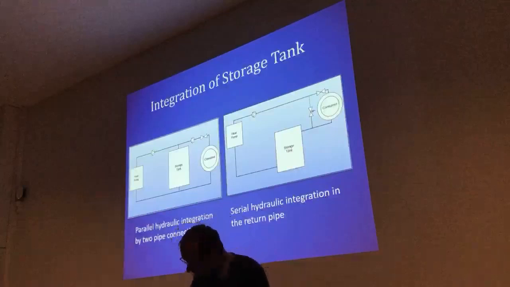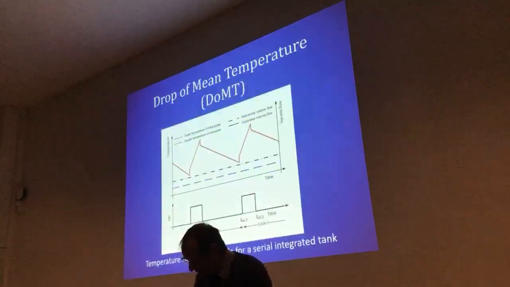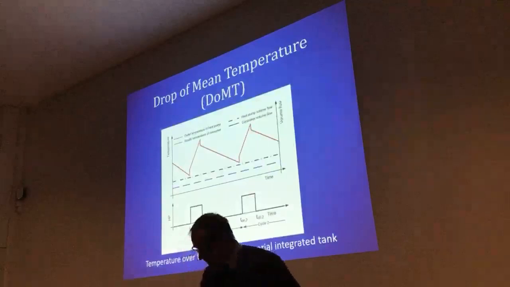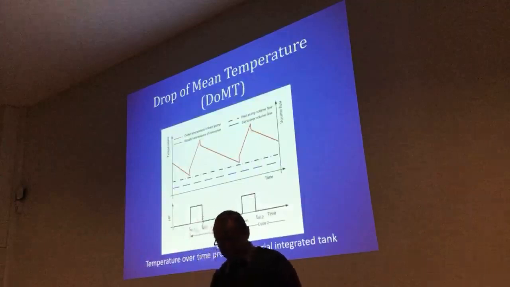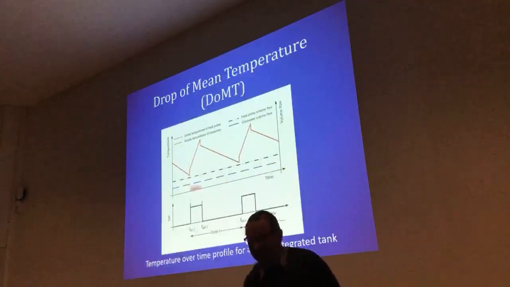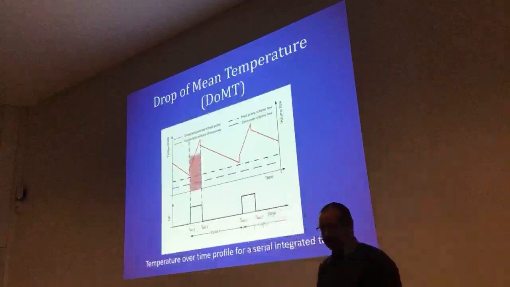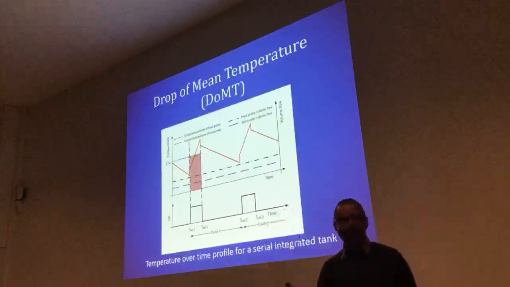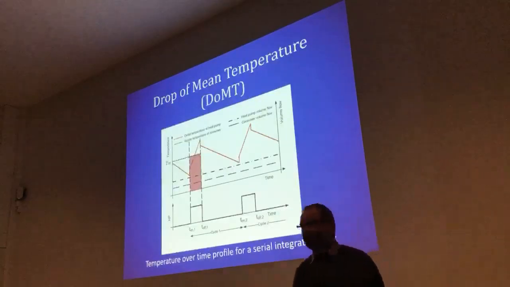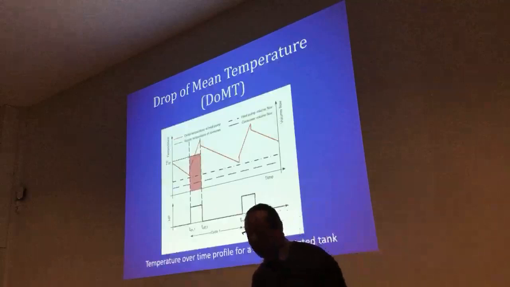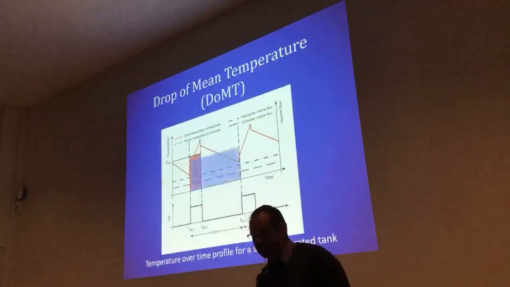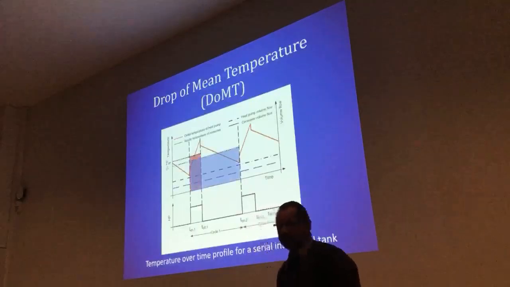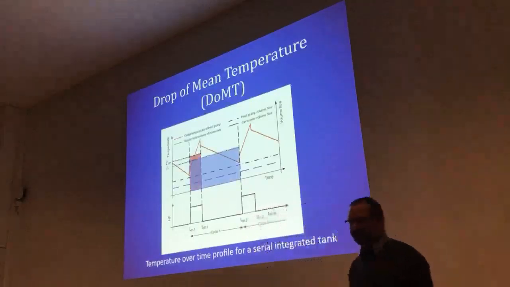Although both temperature profiles are identical, their mean values differ due to different operation periods of the heat pump and the consumer. If we look at the heat pump, the mean temperature over the operation period of the heat pump is indicated here. But the mean temperature at the consumer is lower, because that's the mean temperature arriving at the consumer.